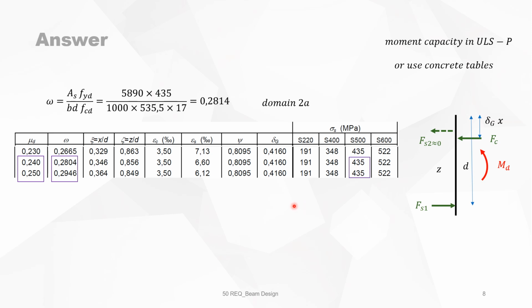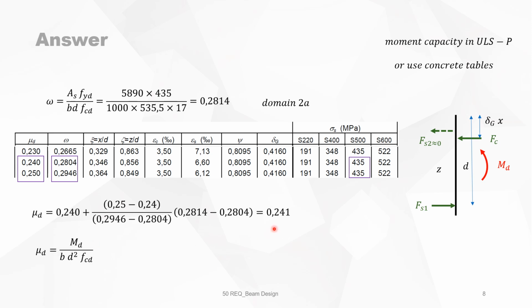We see also immediately that the steel in the tensile part is yielding, and that the filling coefficient and the delta G value is already known. And we see the concrete strain and the strain in the tension reinforcement. So we make the interpolation for the value of 0.2814 and the reduced bending moment must be 0.241.